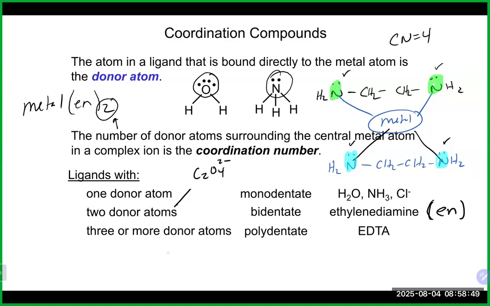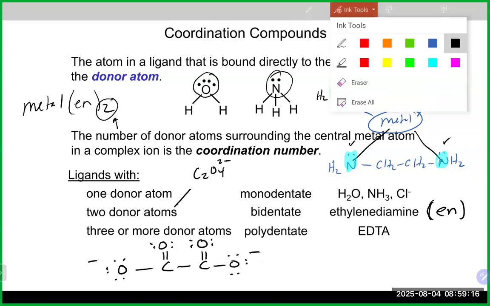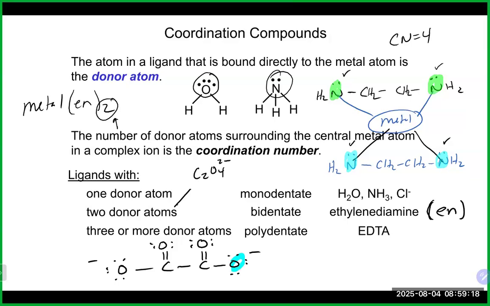And again, if you drew oxalate, it will look something like this. And this is oxalate, and for every molecule of oxalate that you have, it is the single bonded oxygen on each side that will attach to the metal.